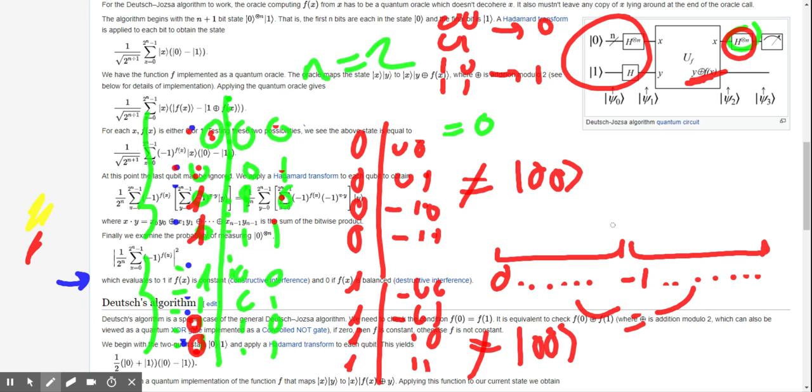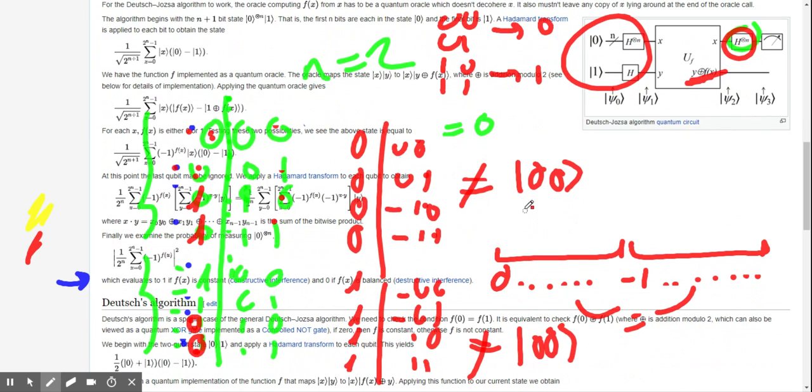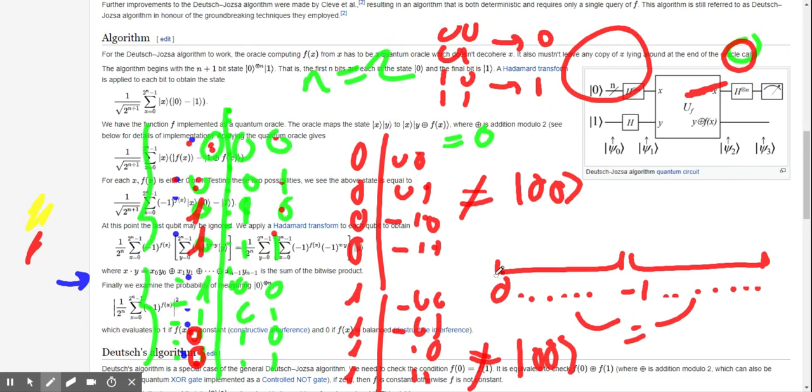It still makes it not straightforward to test in one run, because if you see a 0, you know that you are in a constant function. But that's it, really.